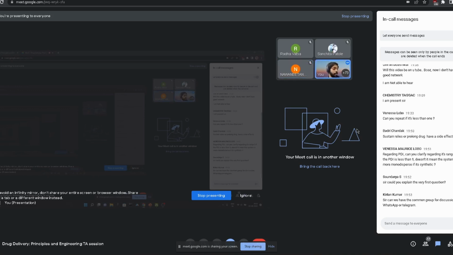Okay, so let me take an example. You have a drug whose bioavailability, if you take it orally, is, let's say, 0.2. So 20% of the drug is going to end up in your plasma. Now, the ambition with nanoparticle based carriers is that you want to bypass this first pass effect, right?